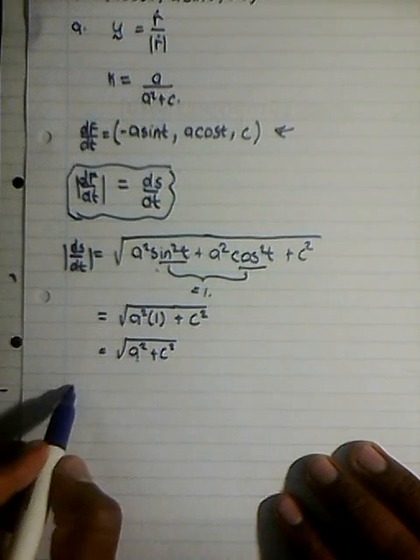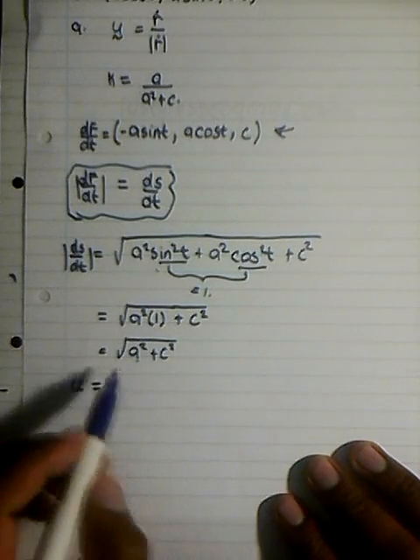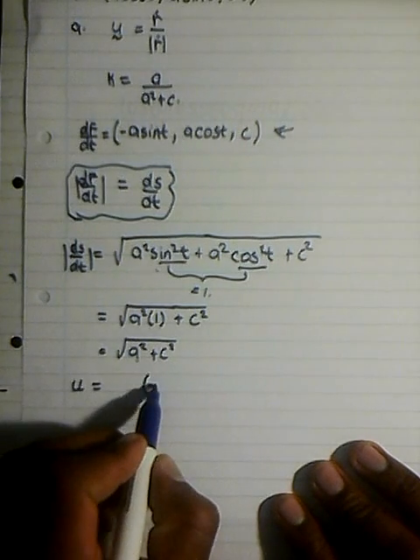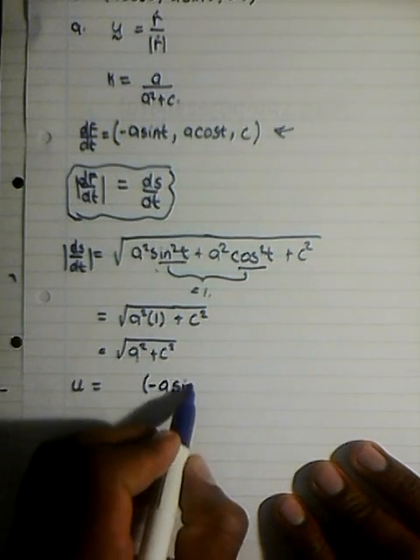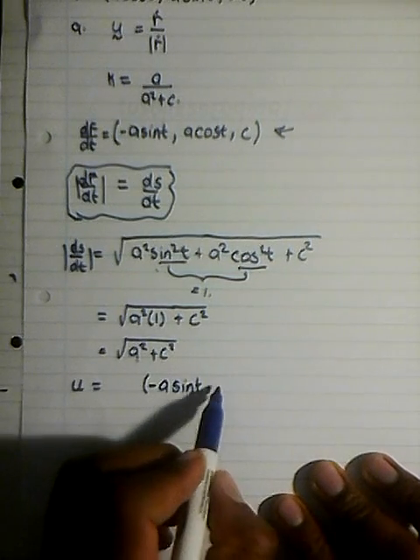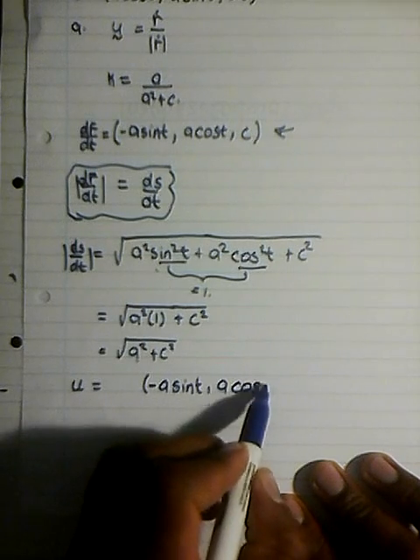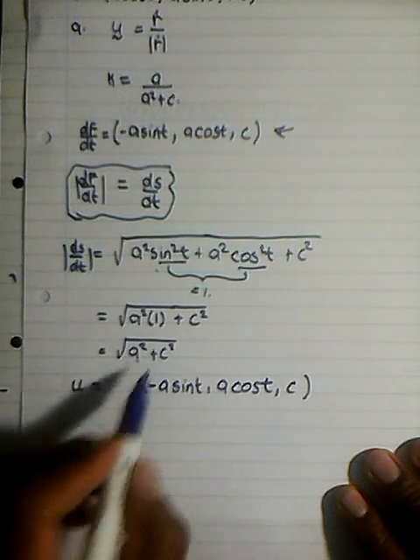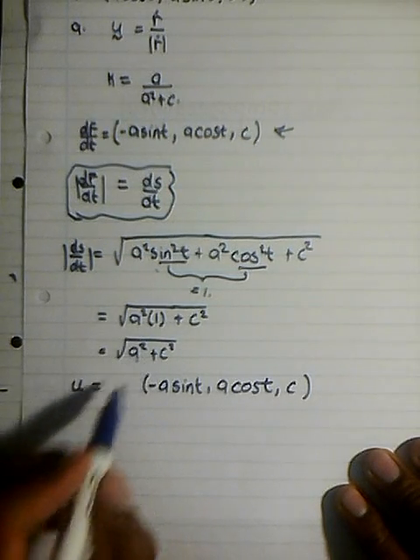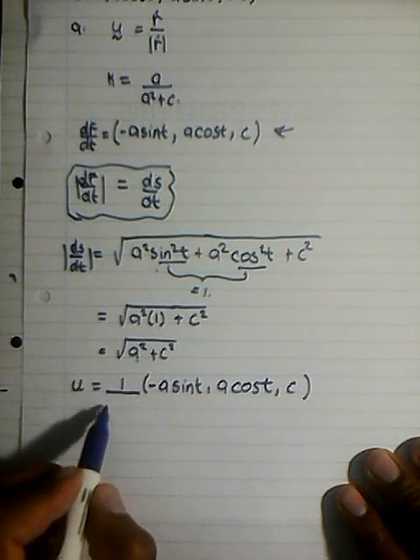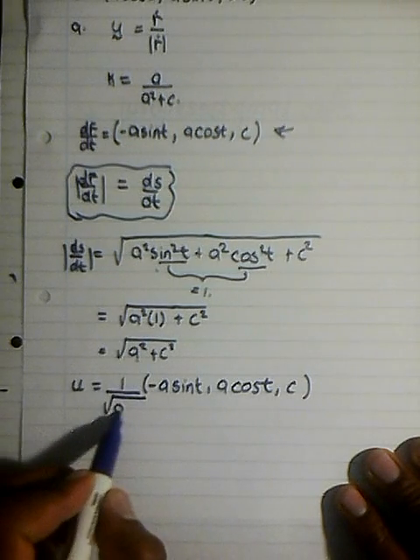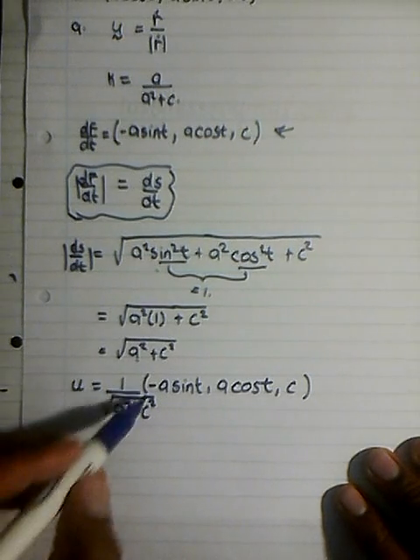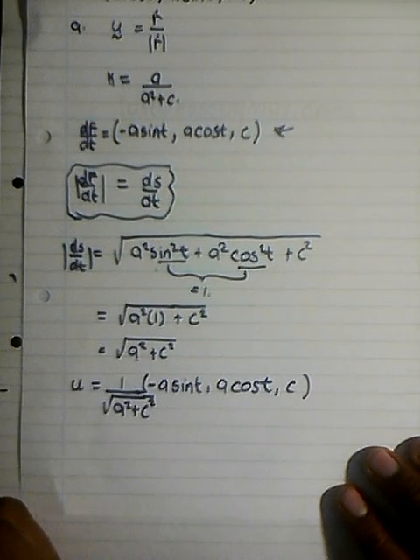So u is equal to the first derivative of r, which is minus a sine t, a cos t, and c, and then we divide by this magnitude, so it's 1 over the square root of a squared plus c squared. Okay, so that is u.